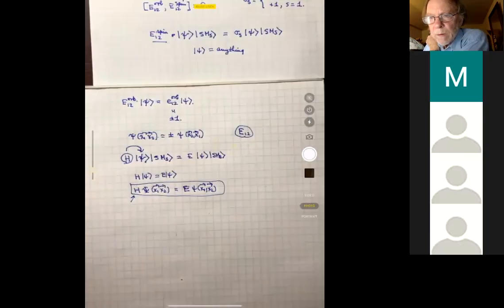I'm a bit confused because I thought that the exchange operator acting on the tensor product Hilbert space of spin and orbital was effectively a product between an exchange operator on the spin space and an exchange operator on the orbital space. Yes.